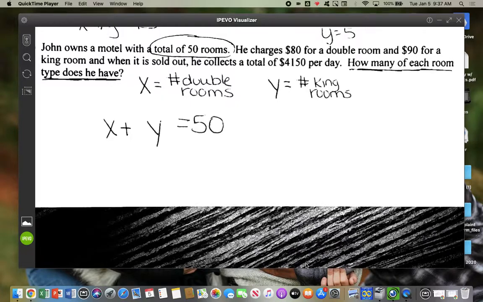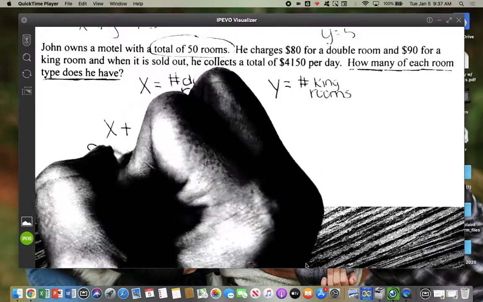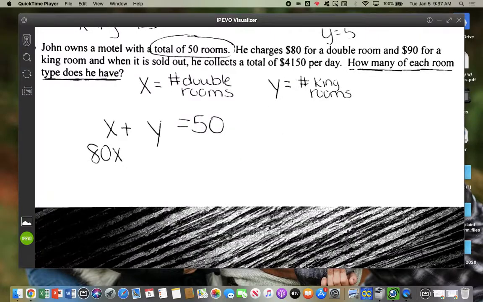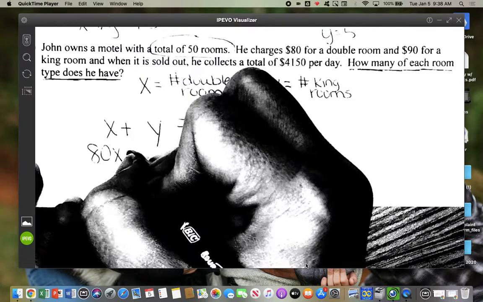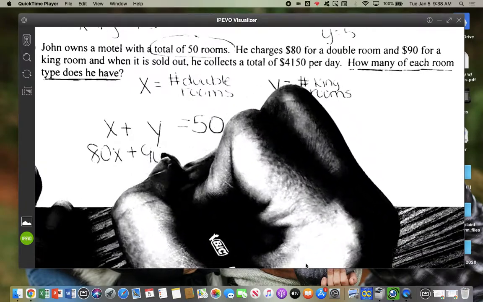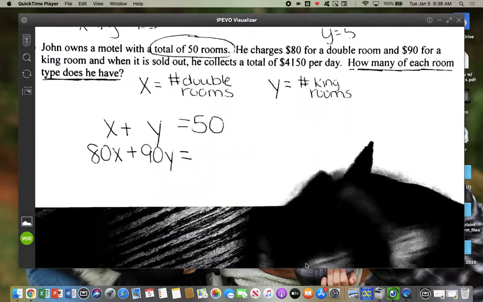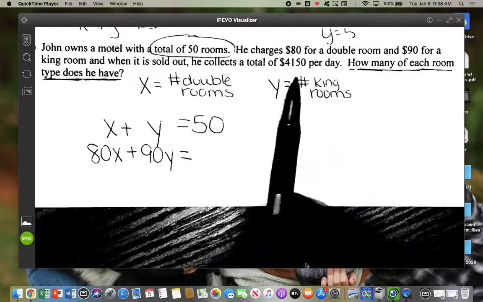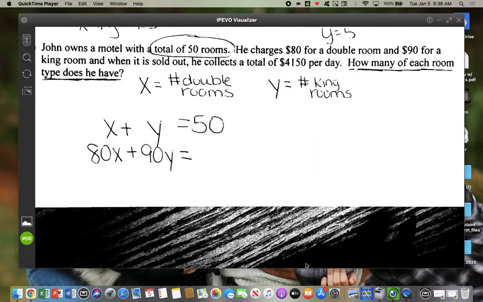So how much was each double room? $80 for each double room. So we're going to write 80x. Now how much was each king room? 90. And then our total money collected is $4,150.